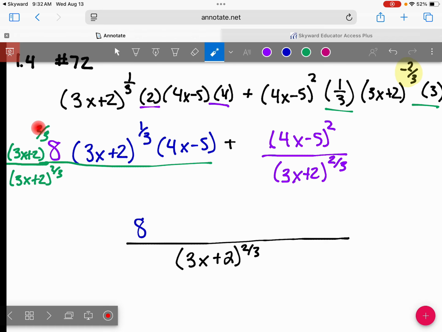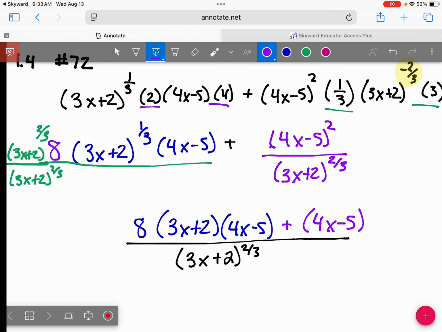I have 3x plus 2 to the 2/3 times 3x plus 2 to the 1/3. Just 3x plus 2. And then we also have our 4x minus 5, and we're going to add that to our 4x minus 5 squared.